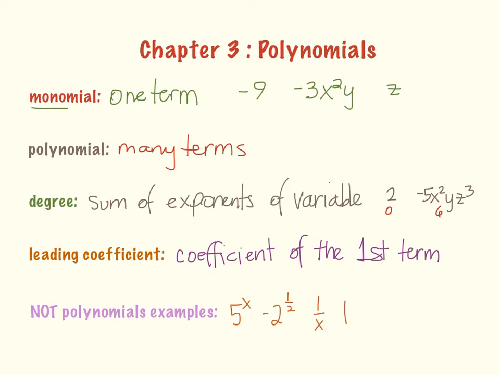The absolute value of variables. Absolute value is not considered a polynomial. A square root is not a polynomial. Those are all examples of things that aren't a polynomial. You probably ought to write reasons why these wouldn't be polynomials.